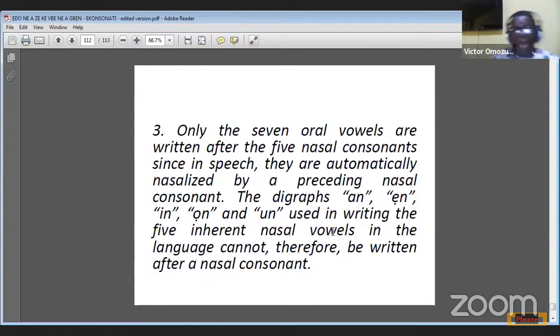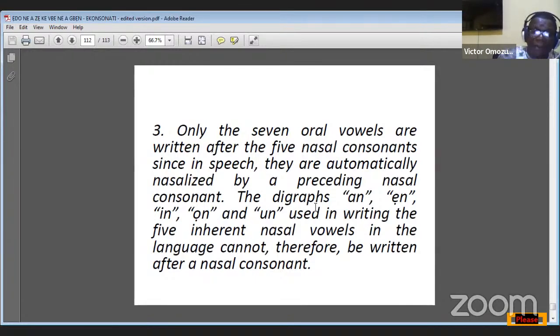This is a translation of what I read in Edo previously. Only the 7 oral vowels are written after the 5 nasal consonants, since in speech they are automatically nasalized by a preceding nasal consonant.